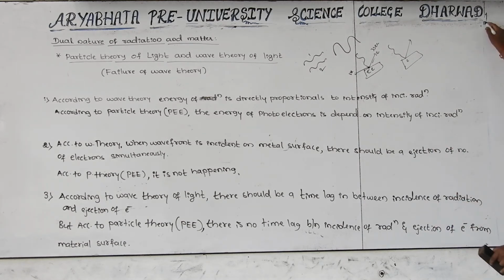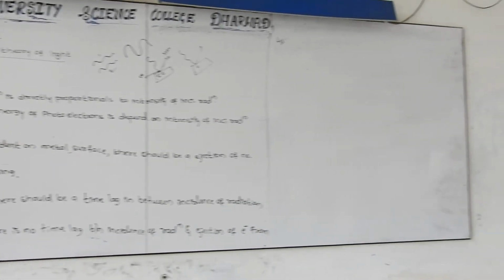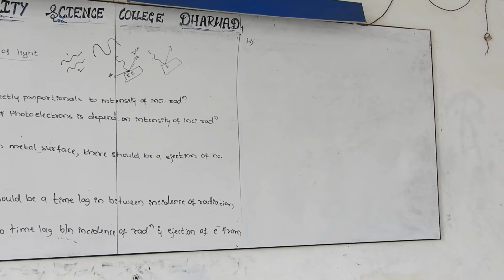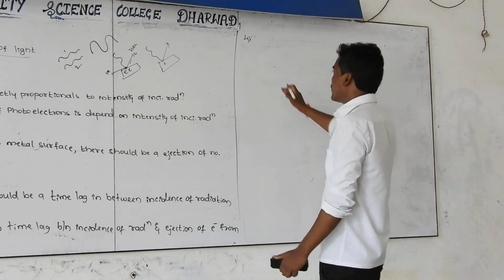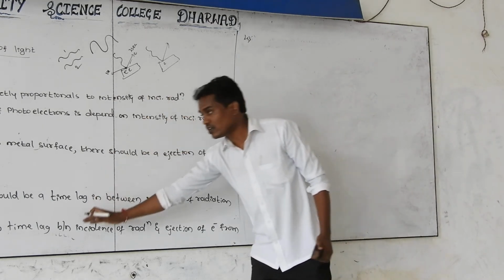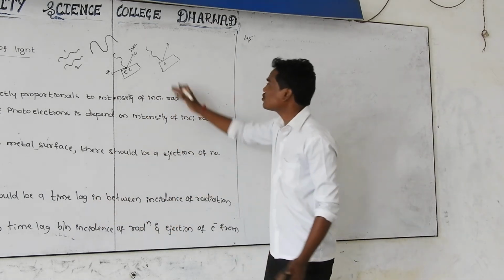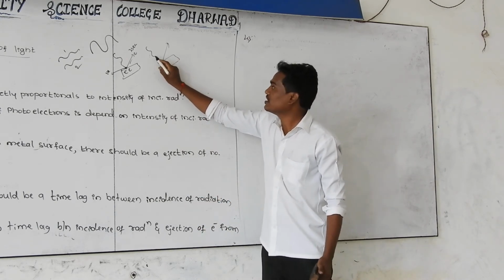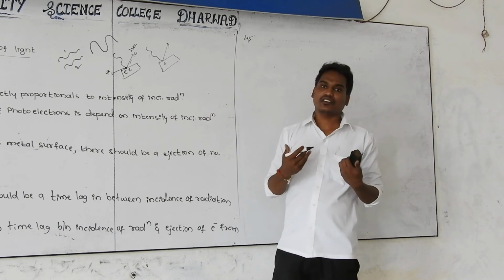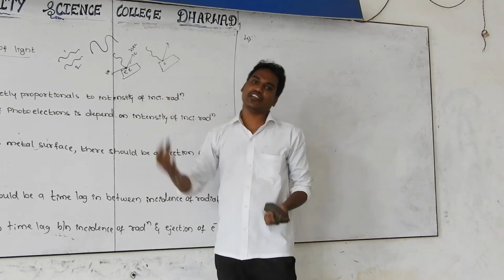And one last reason is there. That is the fourth failure of wave theory. And in the third reason, why there is no time lag between incidence and ejection, that reason cannot be explained by wave theory.